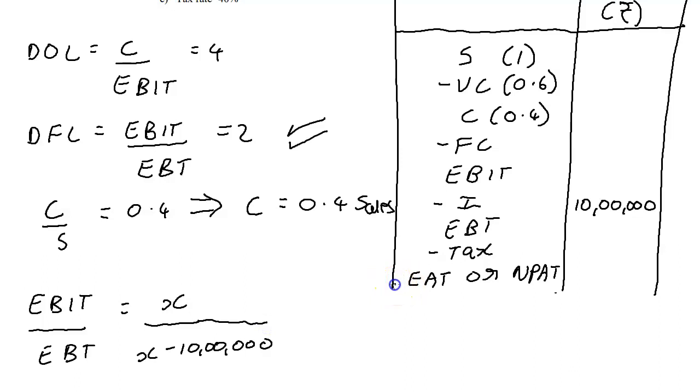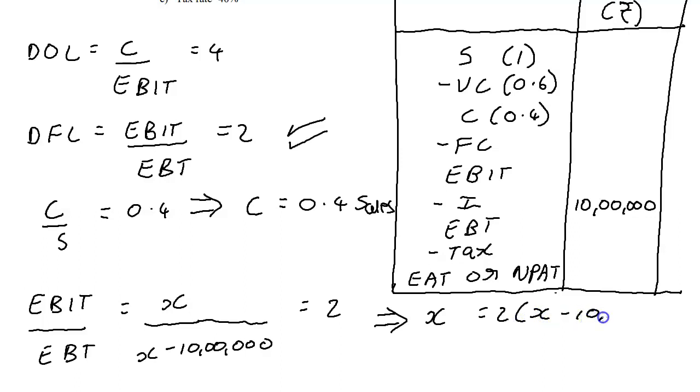And that equals 2. Okay, so implying that further, we have X is equal to 2, open bracket, X minus 10 lakhs, and therefore X is equal to 2X minus 20 lakhs.